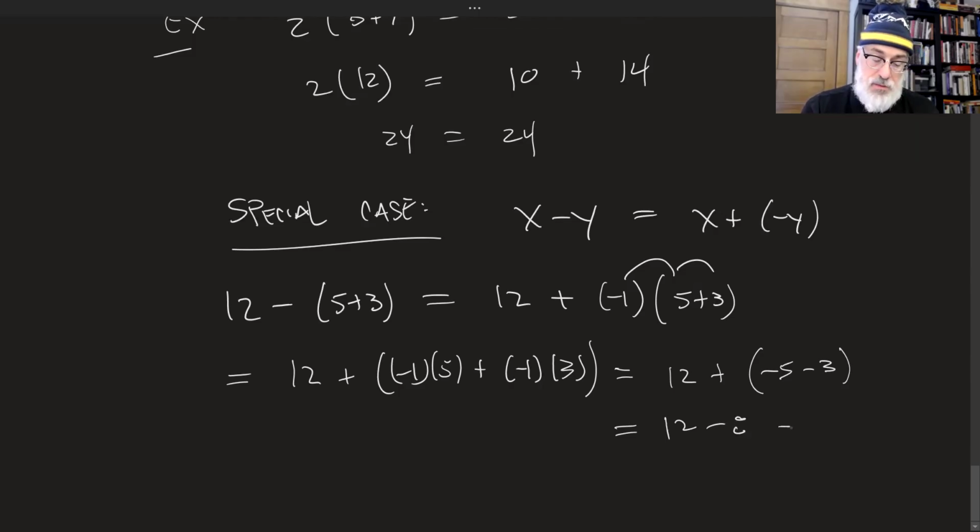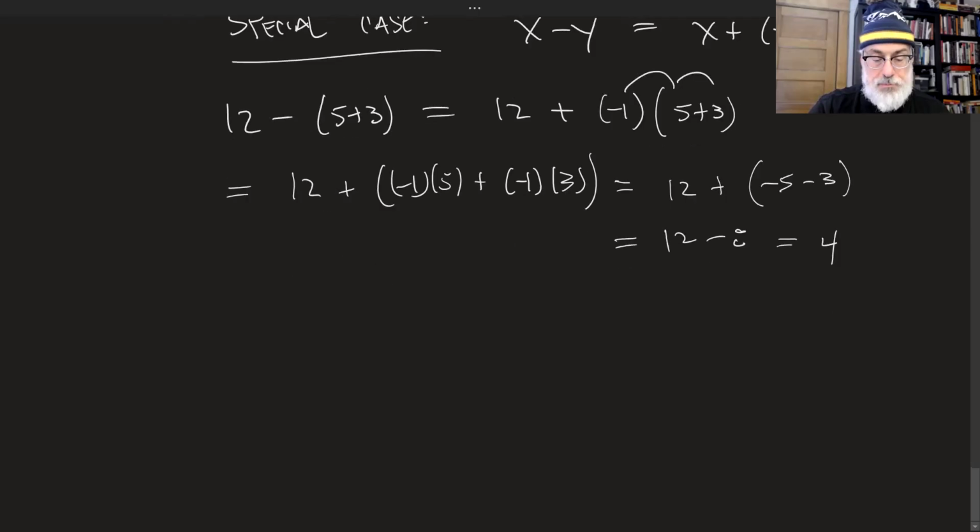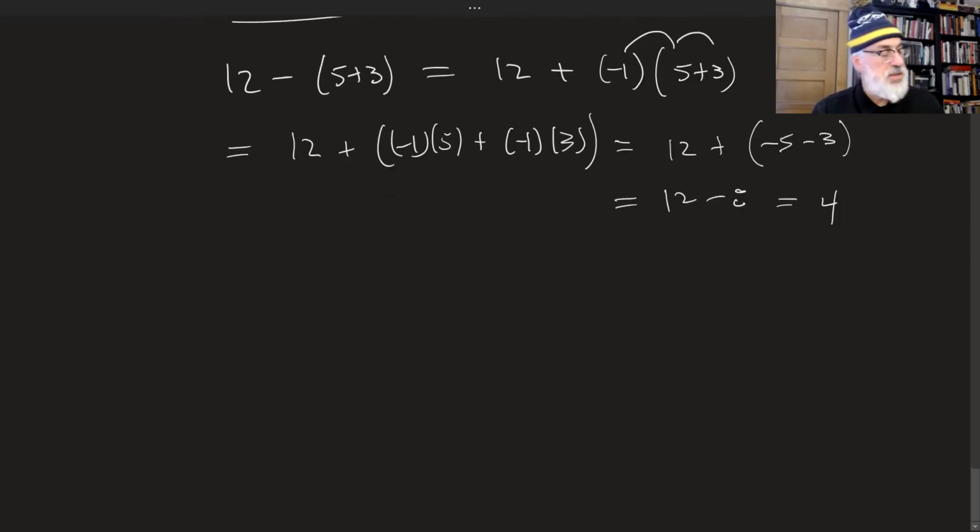So now we have 4. So the distributive property with a subtraction of a quantity can be the same as distributing that negative through the quantity, which in simplifying or condensing things will be a little bit more straightforward and interesting once we get to that part.